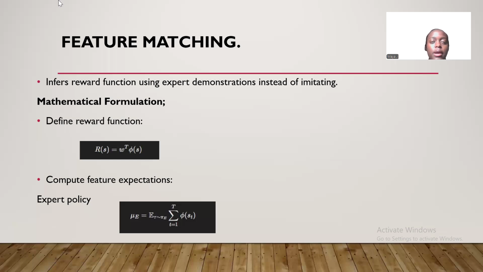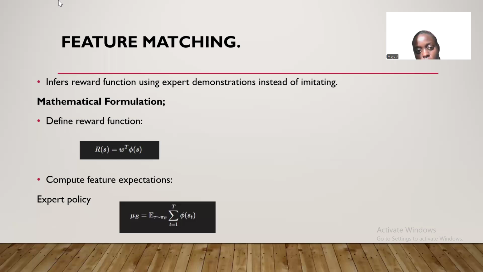An expert is just an agent or a model that performs actions using an optimal policy. So we consider an expert to know what they are doing and they're performing the right actions for a given state.